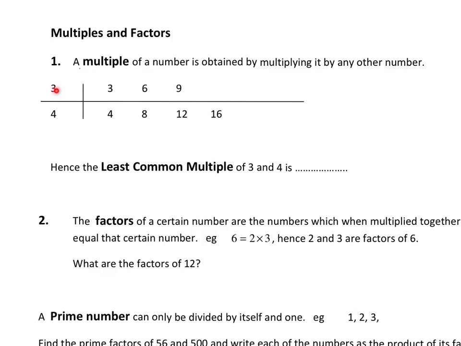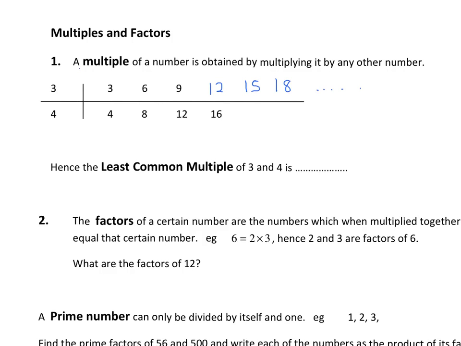So if I write the number 3 and I want to find its multiples, 3 times 1 is 3, 3 times 2 is 6, and 3 times 3 is 9. 3 times 4 will be 12, 3 times 5 will be 15, 3 times 6 will be 18. All of these are multiples of 3.